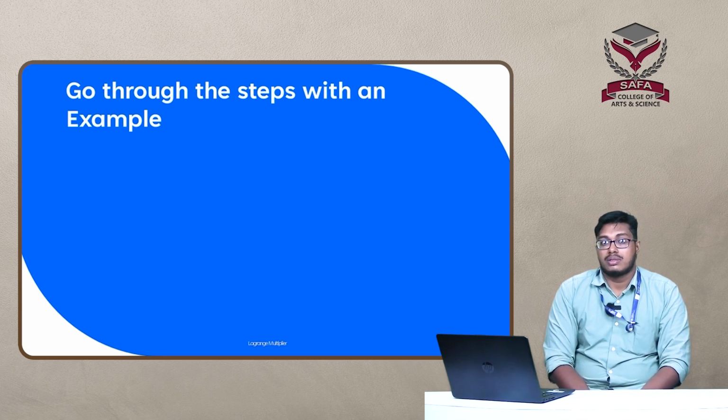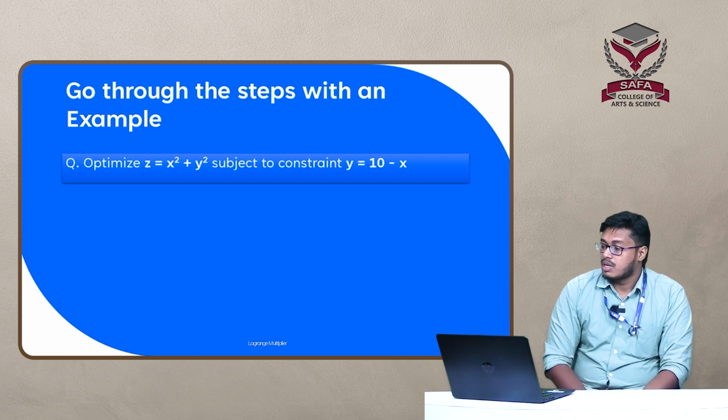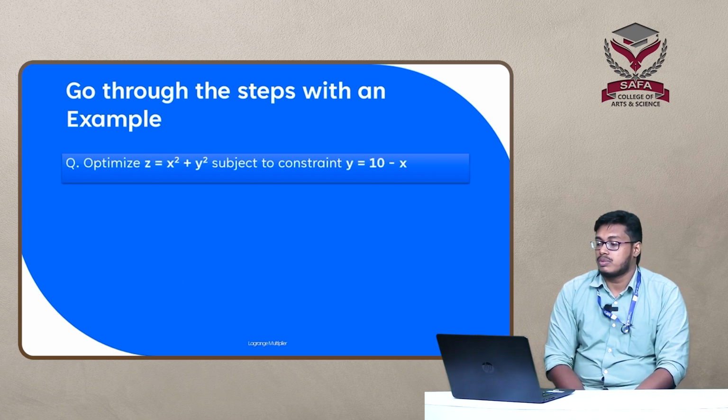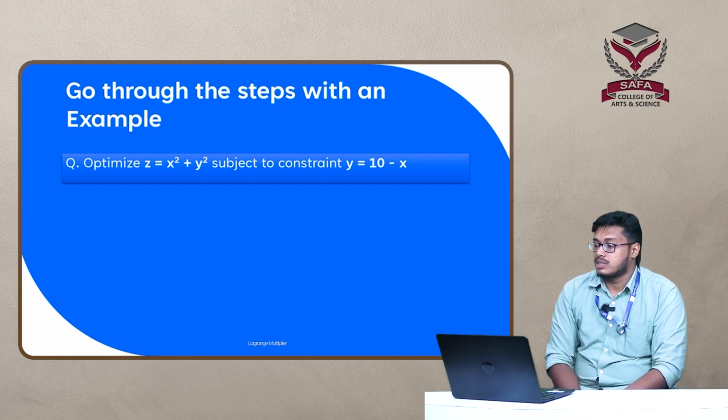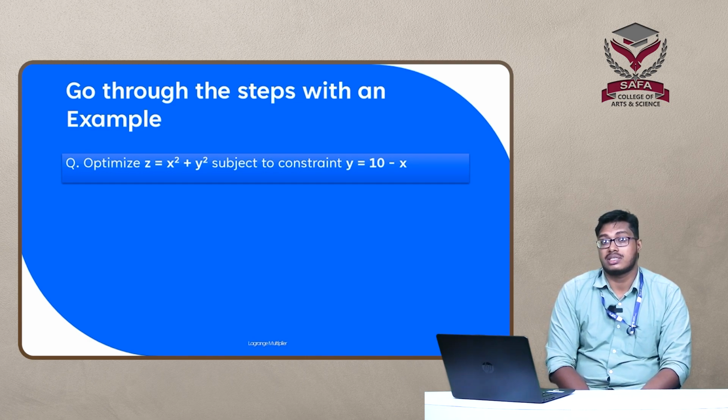The example question is optimize z is equal to x square plus y square subject to constraint y is equal to 10 minus x.